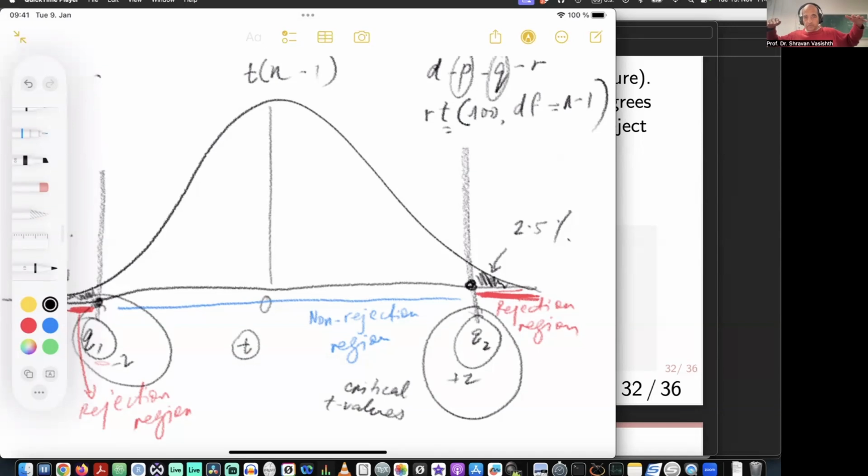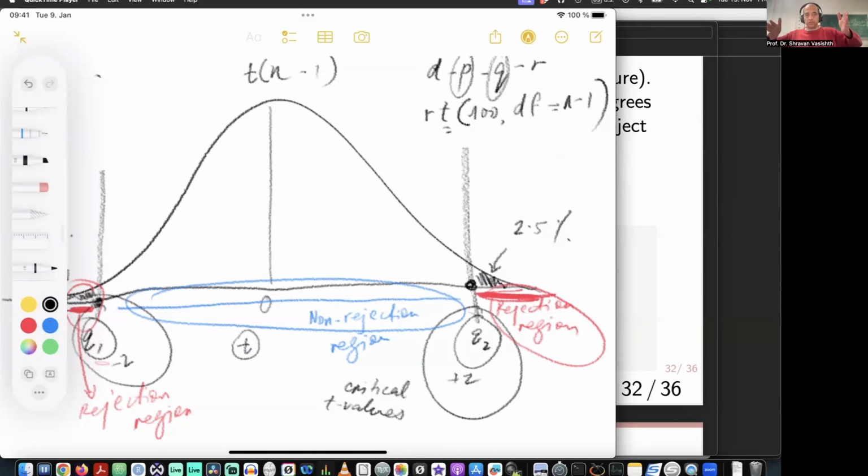Depending on whether we land in the red region, in this rejection region, here or here on the left-hand side, or whether we land in the non-rejection region, which is this region here, we make our decision whether to reject or not reject depending on where the observed t-value lands.